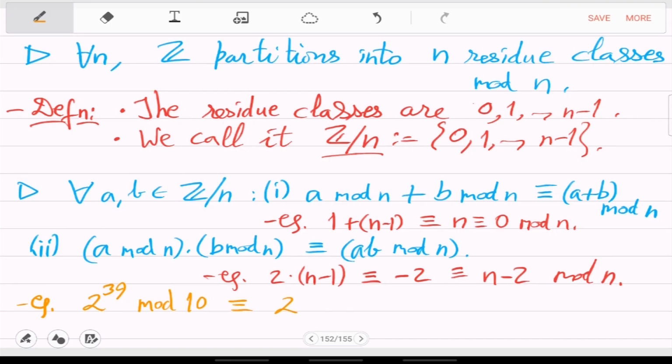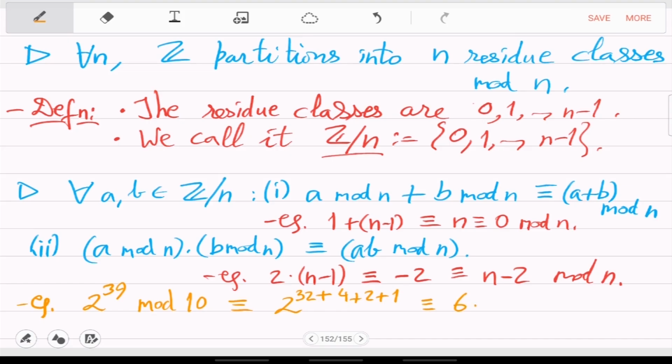Yeah, so most systematic will be that you look at the exponent, so that you can write in powers of 2. So 32 plus 4 plus 2 plus 1. And then you can use the previous calculation from the last class, where 2 raised to 32 was 6 mod 10, right?